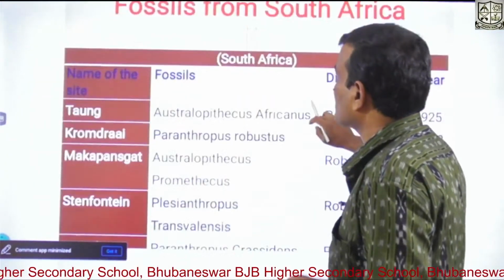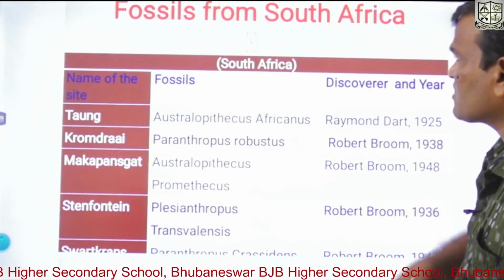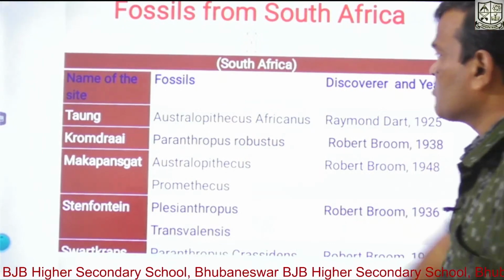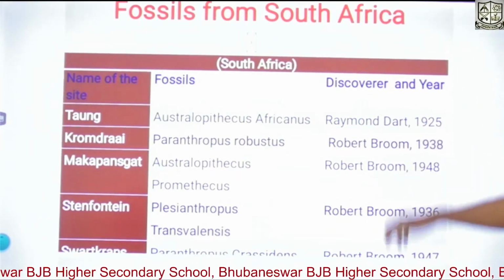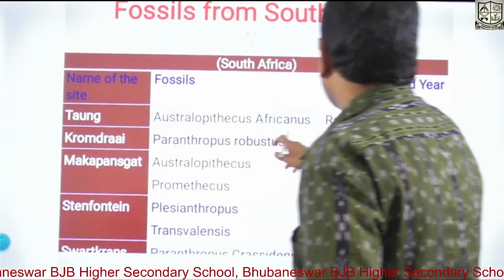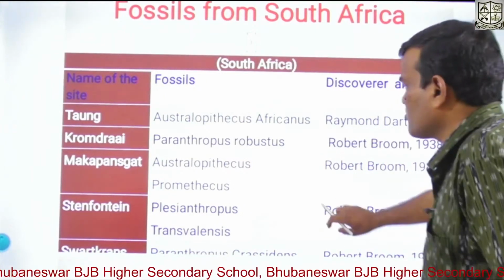Various fossils were discovered from different parts of South Africa and East Africa. Let us first discuss the fossils from South Africa: Australopithecus africanus, discovered by Raymond Dart in 1924-25, and Paranthropus, discovered by Robert Broom in 1938. These are the most important.